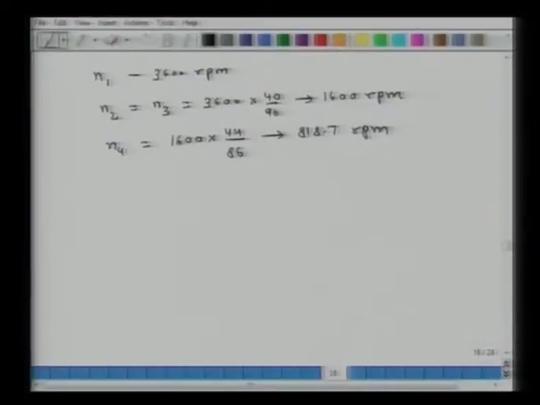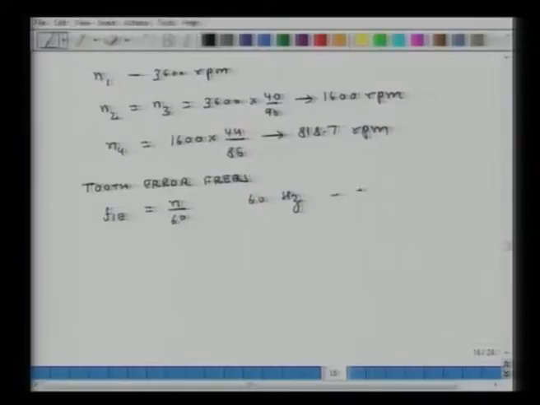So now I find different fundamental frequencies. So, tooth error frequencies. F1E is what? N over 60, right? So for gear 1 it's 60 hertz.